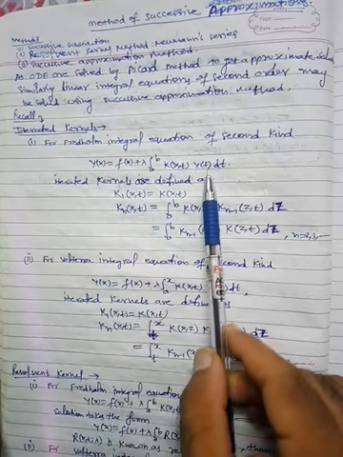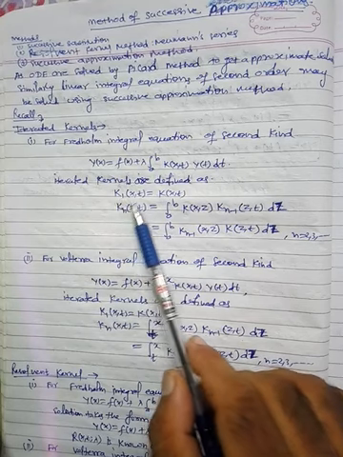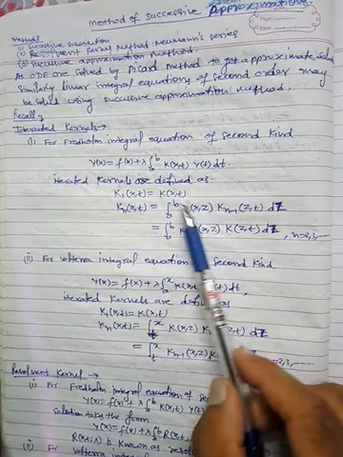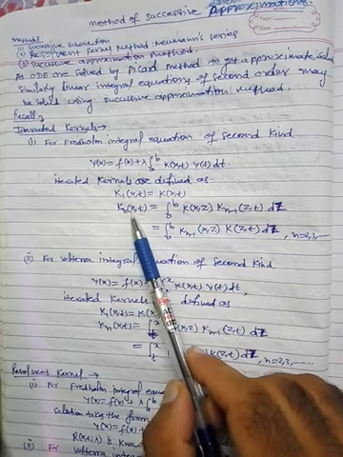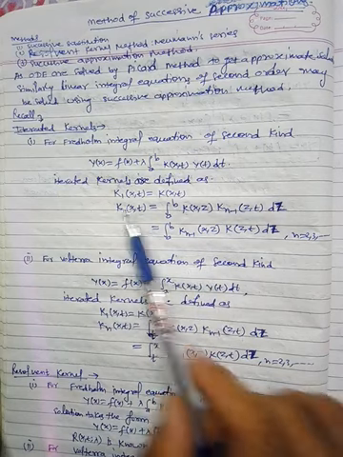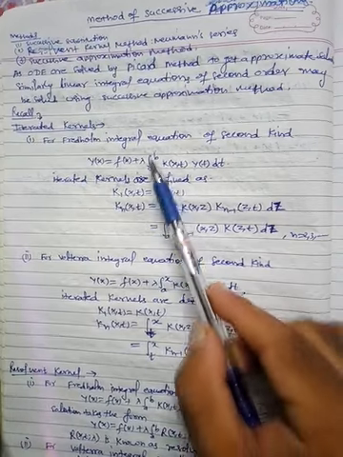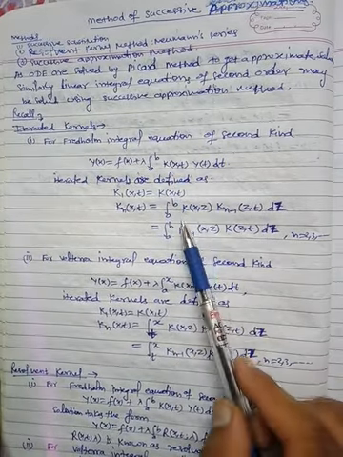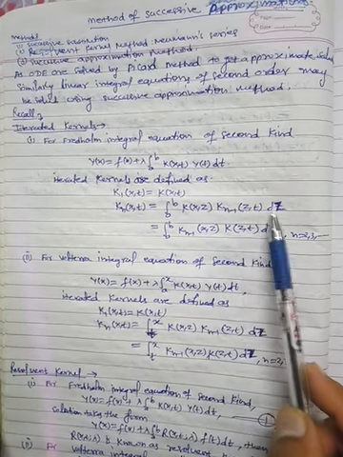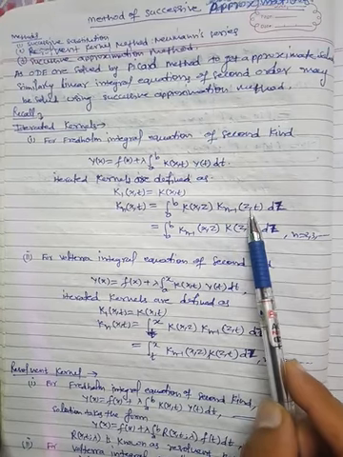This is the iterated kernel, where k1 is exactly equal to the kernel K(x,t), and then the next kernels like k2, k3, k4, k5 can be evaluated with the help of this formula, which is k_n(x,t) equals the integral from a to b of K(x,z) k_{n-1}(z,t) dz. This z is the intermediate variable.